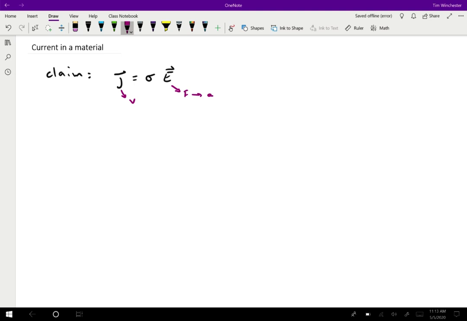And your book goes into a fair bit of detail trying to justify this relationship. I'm not going to go into nearly as much detail as the book. Essentially, what the argument revolves around, though, is that the drift speed of the electrons is so small compared to their actual speed.